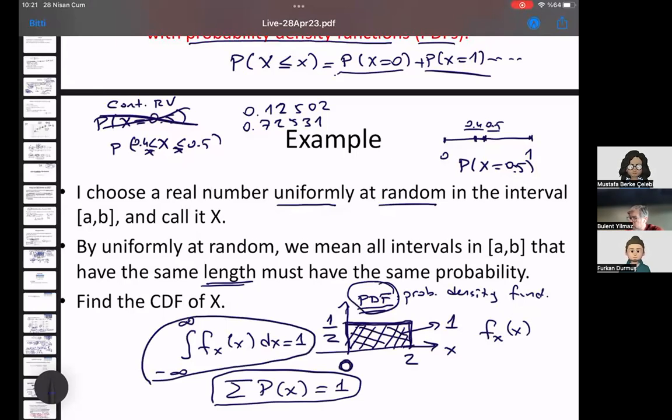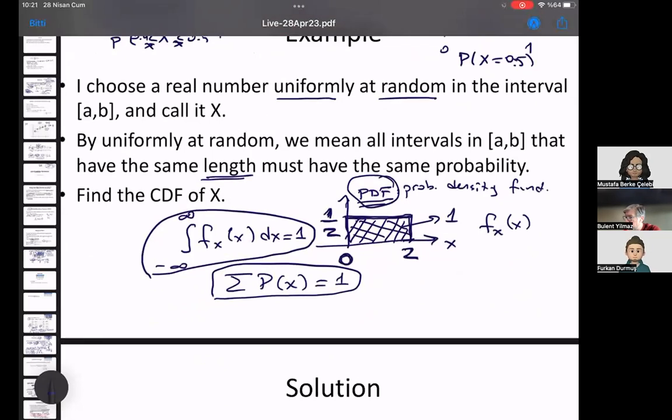So if this is between 0 and 2, this height should be 1/2. If, for example, I have a uniformly distributed random variable between 1 and 3, what is this value? It is again 1/2, right?